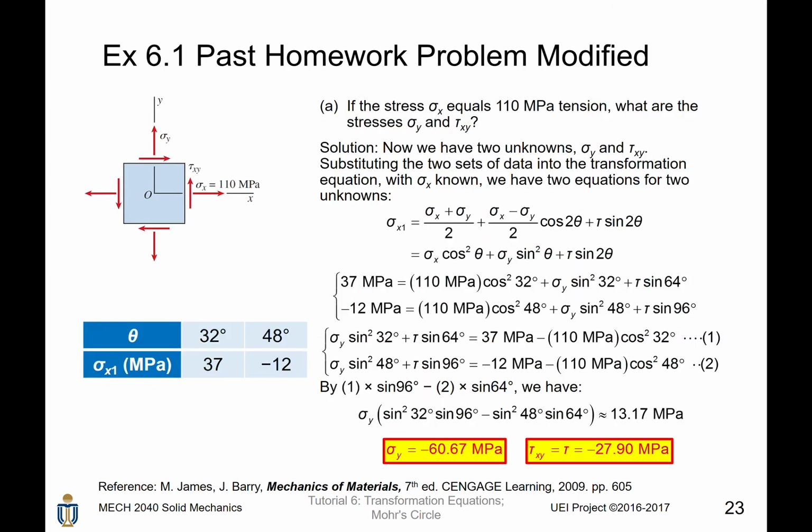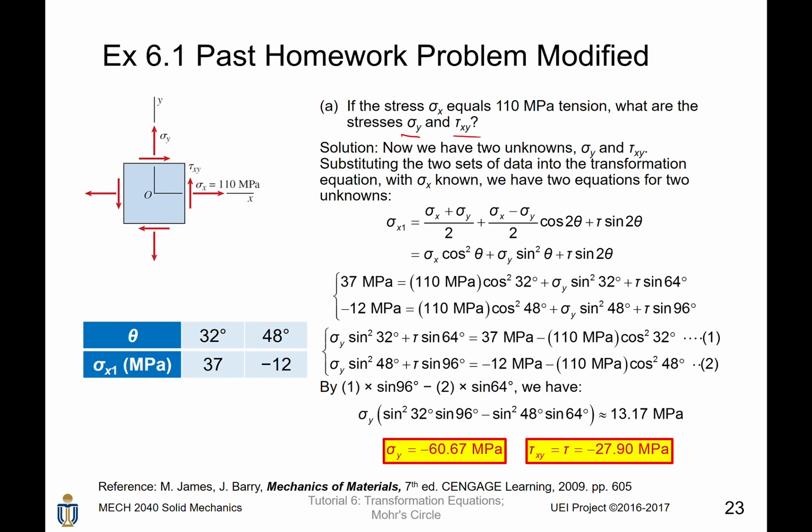For the first problem, you are going to find sigma y and tau xy, and it is given sigma x1 at different angles of inclination. Therefore, by using the transformation equations, we can write the following system. First, we put sigma x1 on the left hand side.